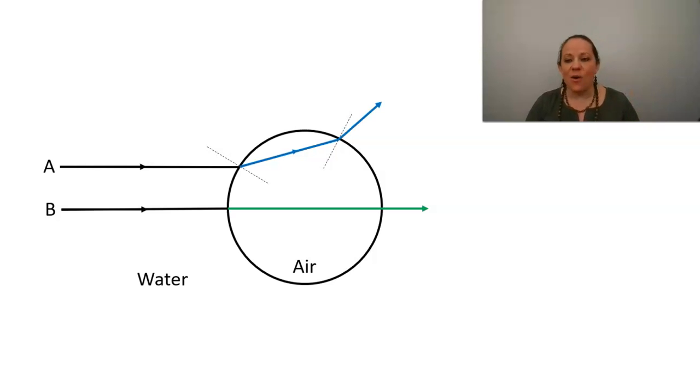And so here is how this was scored. We're going to get 1 point for ray B passing straight through.